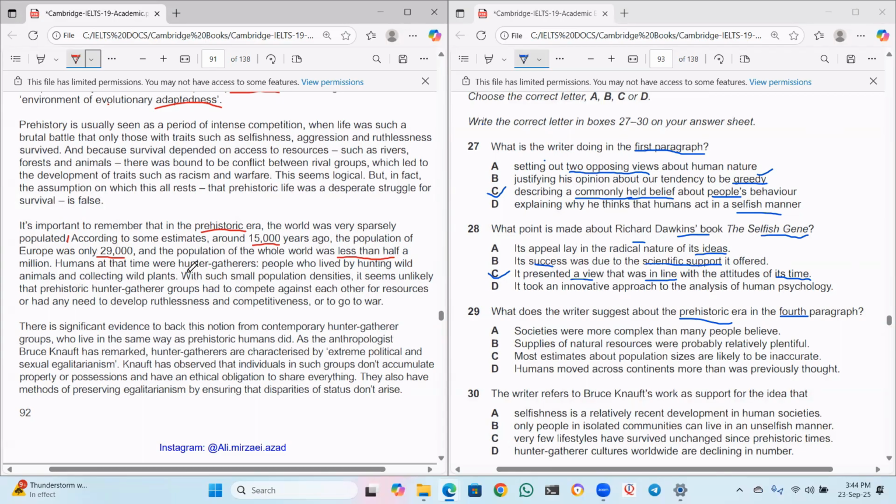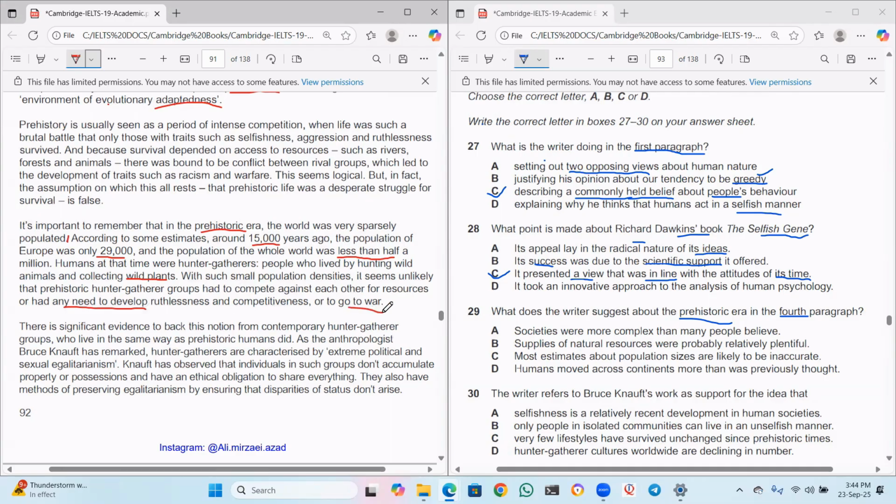So humans at that time were hunter-gatherers, means people who lived by hunting wild animals and collecting wild plants. Okay, good. With such small population densities, it seems unlikely that prehistoric hunter-gatherer groups had to compete against each other for resources or had any need to develop ruthlessness and competitiveness or go to war.